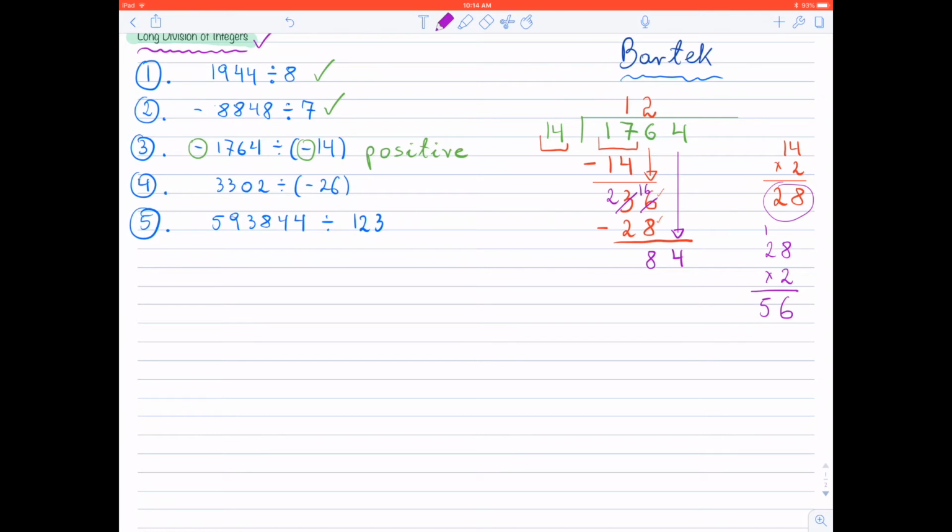Now we needed to go into 84. And now we can try. So it's definitely going to be more than 4. If I do 5, I can add 14 here. So this will be actually 80 that we have.